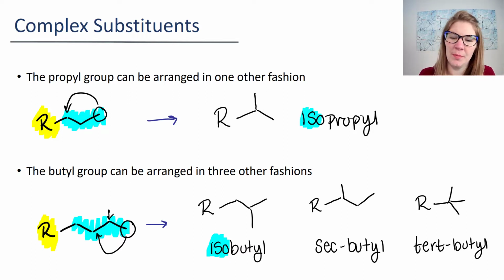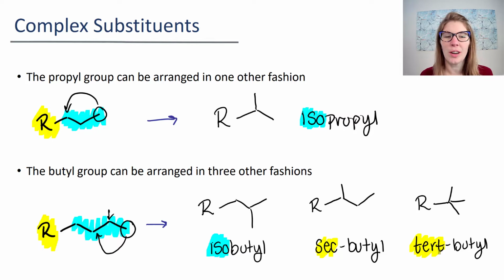Same up here. Whereas the sec and the tert are considered prefixes for the butyl group and don't count for alphabetical order. That's obnoxious, but it's the way it is. If you are not in my class, you probably want to check those rules with your teacher to make sure that they agree with that.